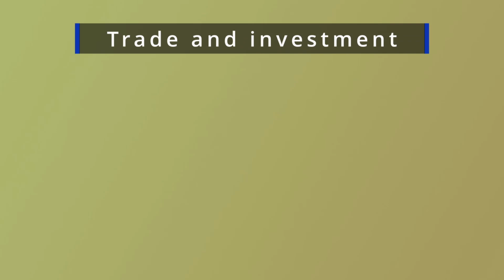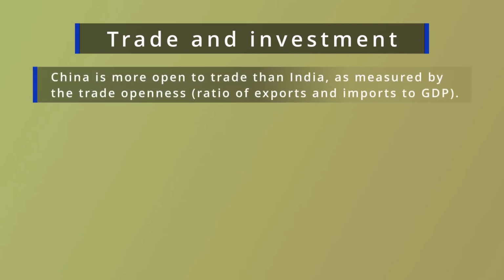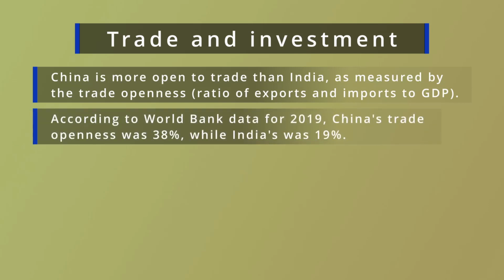Now we come to another indicator of the economic scenario, that is trade and investment. As regards trade, the trade openness is relatively higher in China compared to India. This trade openness can be measured by the volume of exports and imports compared to the GDP, that is, the ratio of export plus import to GDP.